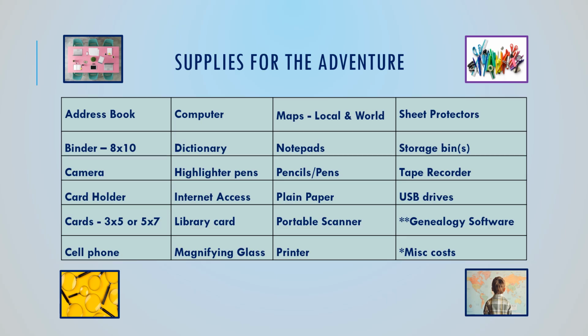Some will need cameras, some will need cell phones, access to a computer, dictionaries, highlighter pens, internet access, a library card, a magnifying glass, especially maps, notepads, a portable scanner if possible, and a printer.